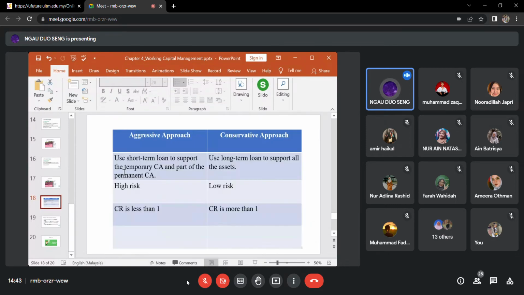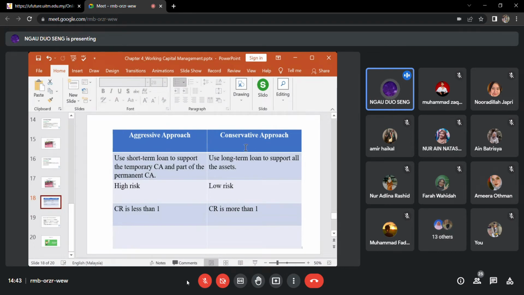All right, okay, so we have the comparison. Use short-term loan, aggressive. We compare the aggressive with the conservative. So we are using short-term loan to support the temporary current asset and part of the permanent current asset.